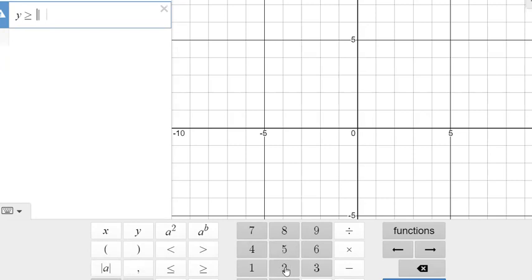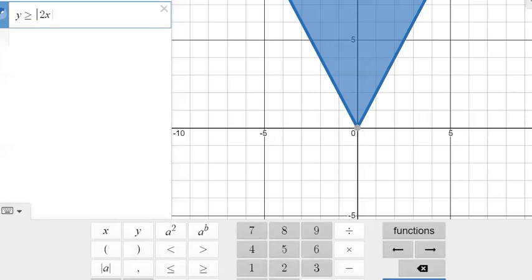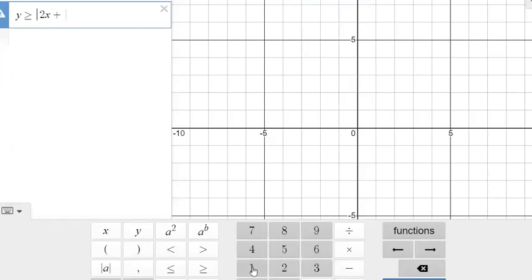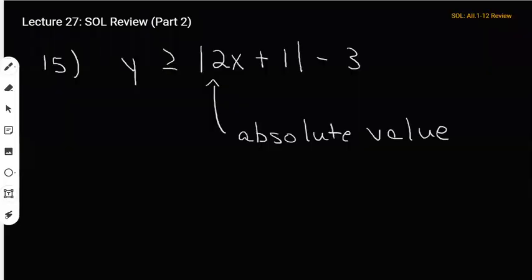And then on the inside, I'm going to have 2x plus 1. And then on the outside, I'm going to have minus 3.